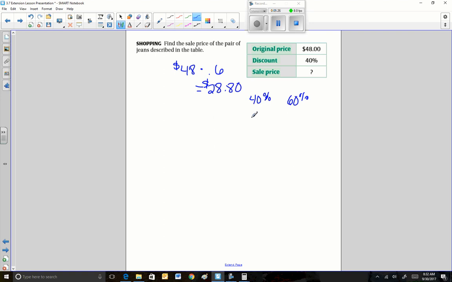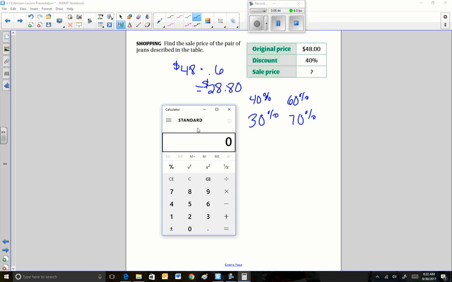What if we had had a sale of 30% off? If we did 30% off, we would have to pay 70% of the price. So we would have done $48 times our 70%, 0.70. So we grab our little calculator and we take 0.7 times the 40, oopsie, my mistake.